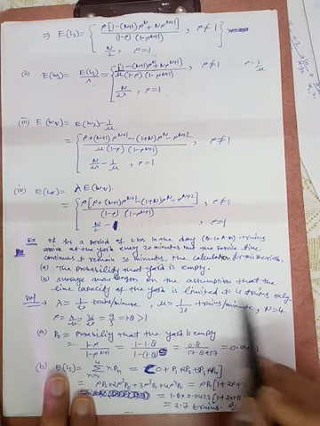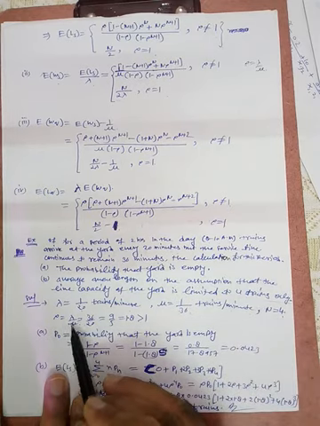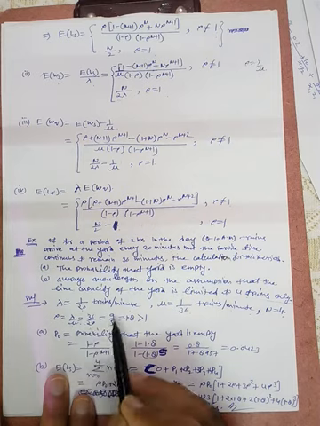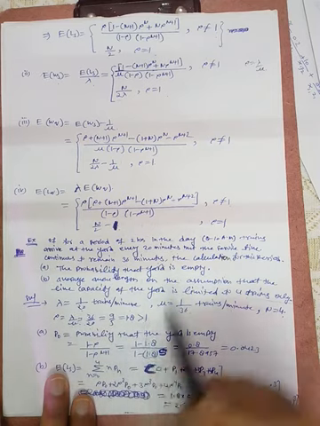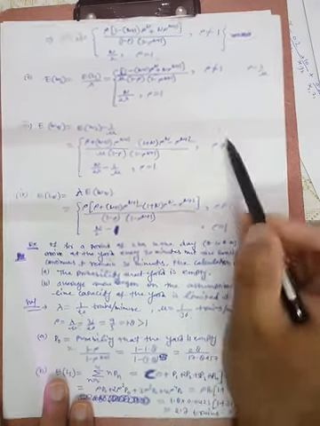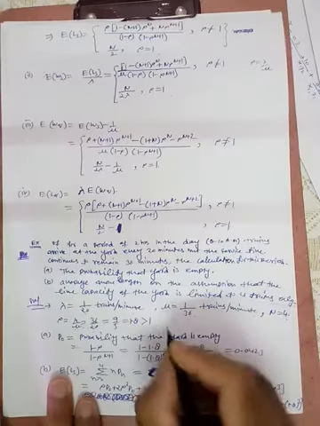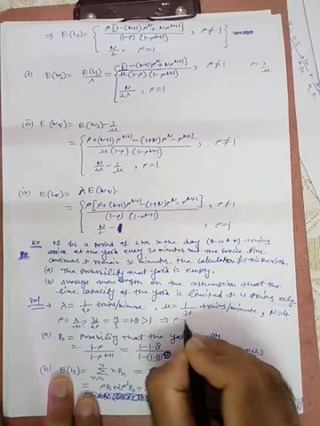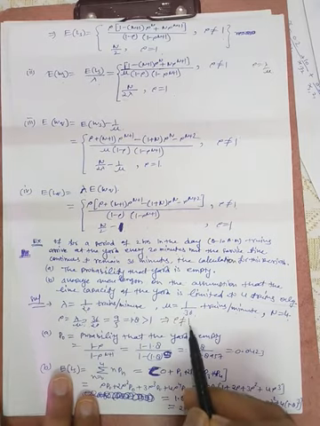Capacity you have already seen, 4 trains only, so n is 4. So what is rho? Rho is lambda by mu, 36 by 20, 9 by 5, that means 1.8, which is greater than 1, so rho is not equal to 1. So we will use the formula for rho not equal to 1.